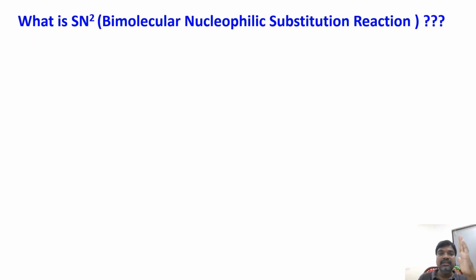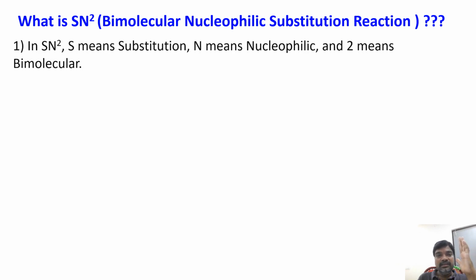Next, coming to the SN2 reaction. If you understand the SN1 reaction very well, SN2 is very easy. Because in SN2 reaction, S stands for substitution, N stands for nucleophilic, and 2 means bimolecular. Therefore, SN2 is also known as the bimolecular nucleophilic substitution reaction.